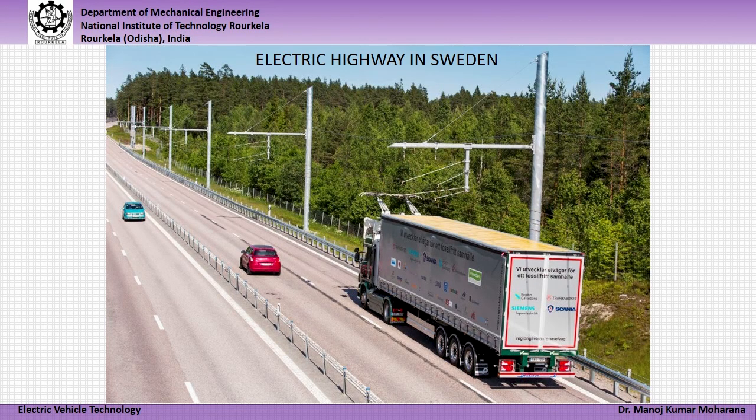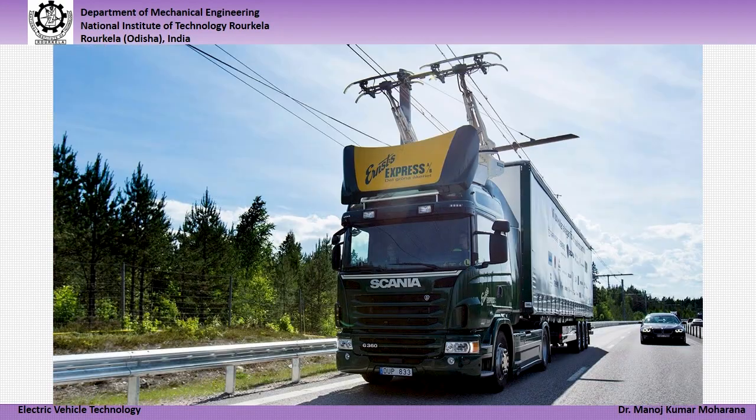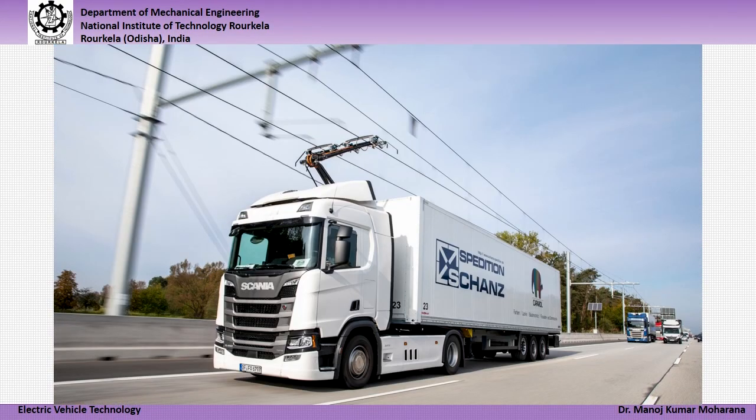And this photograph gives a glance of the electric highway in Sweden, a modern technology, where the technology of receiving energy from the overhead cable is the same as that of electric trains receiving electric energy from overhead cables. There will be dedicated lanes on which the driver needs to drive continuously, maintaining the track and ensuring that the vehicle is always moving beneath the high voltage electric lines.